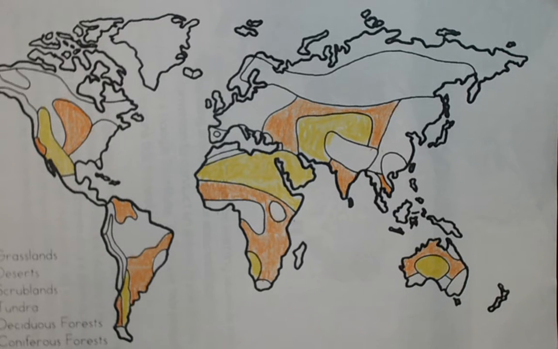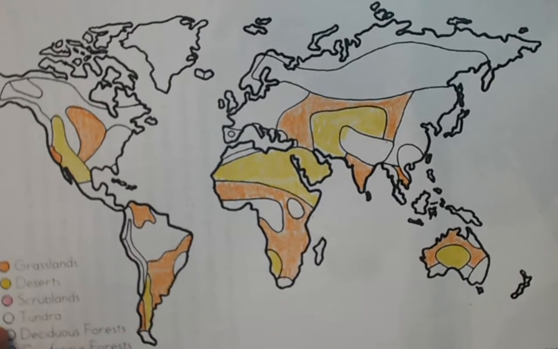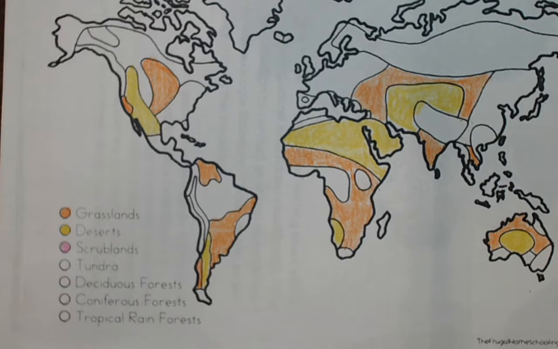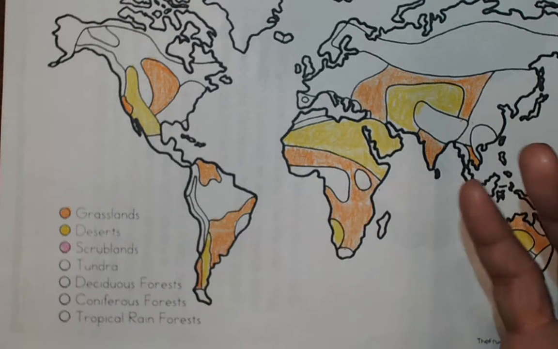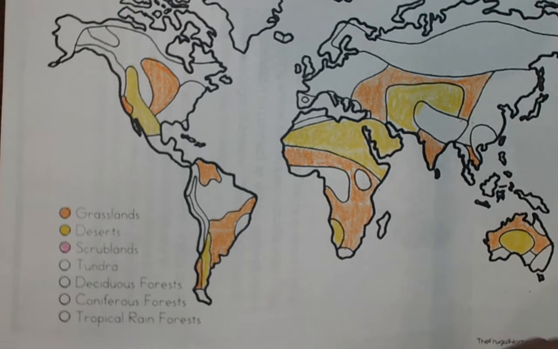Next, we have something called the Scrublands. And Scrublands, let's do pink for Scrublands. I'm going to color that one pink right here in my little key. And what are the Scrublands? Well, Scrublands are basically an area where most of the plants are scrub kind of plants.